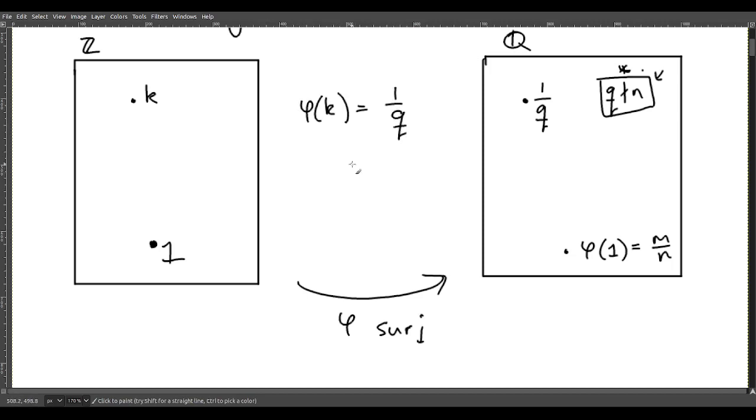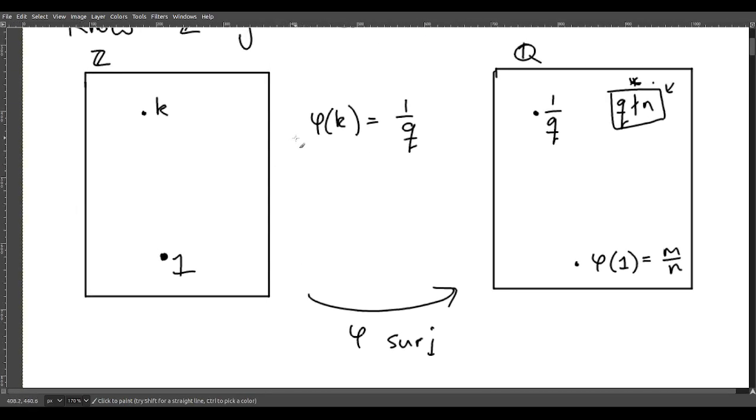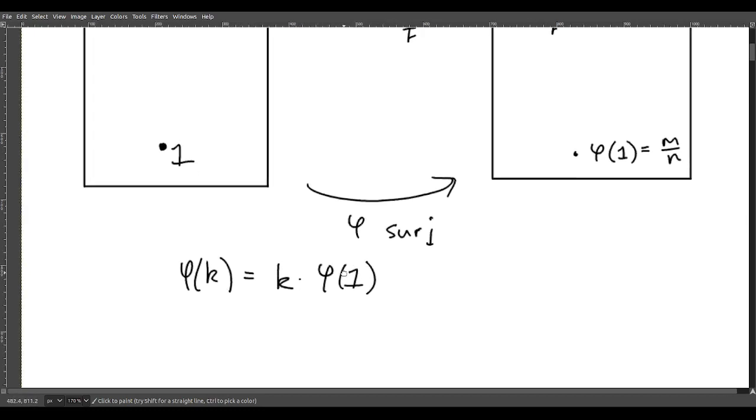Okay, so this has to be the case. All right. Now, what we're going to do is rewrite phi of k as k times phi of 1, right? We're using additive notation here.